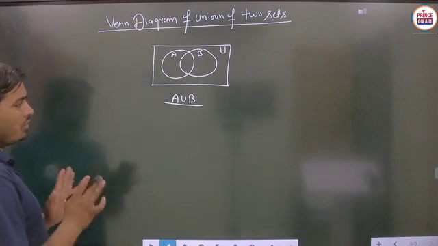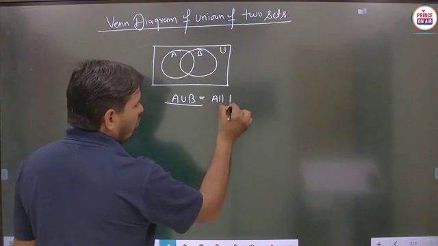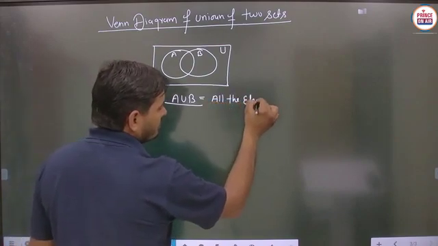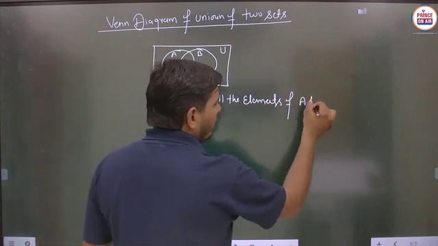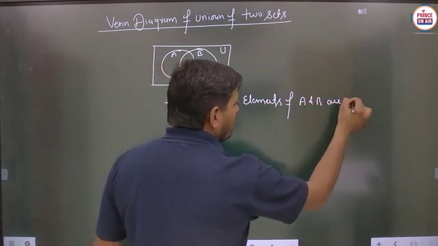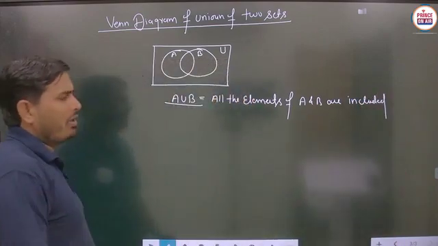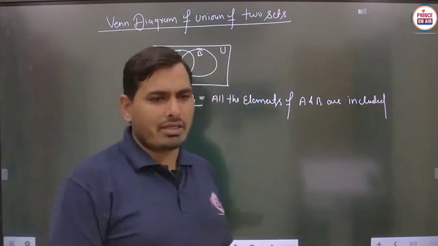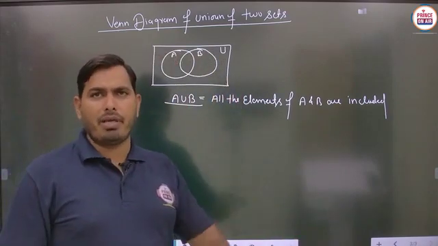Basically, student, union means all the elements of A and B are included, which means no part of A and B will be left, all the sections, all the area related to the sets A and B are included.